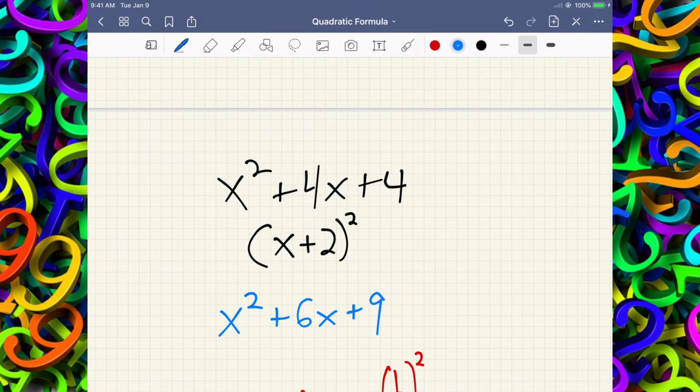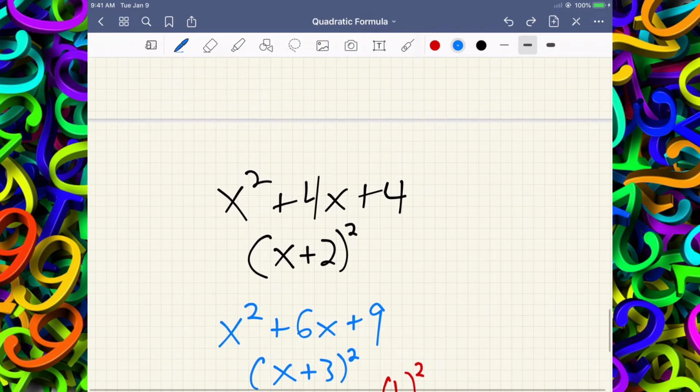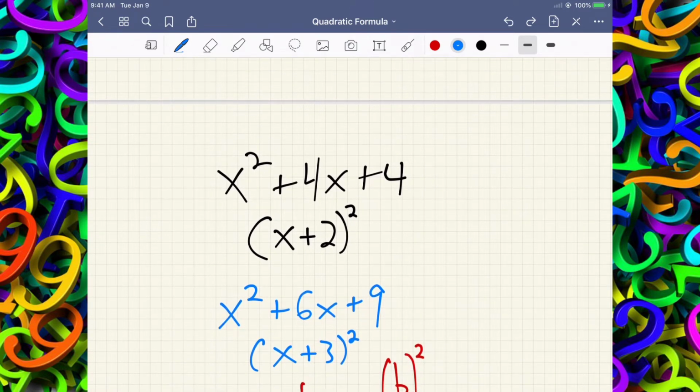In our second example here, in blue, we get x plus 3 squared. And that's why we call them perfect square trinomials, because they simplify to equal this quadratic trinomial. So how do we know how to factor them so easily? It's kind of a pattern.